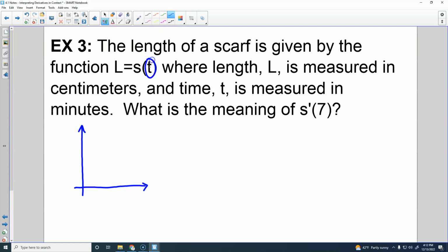So t is the inside of the function, so it's your x-axis, and it tells us t is measured in minutes. So we've got minutes here on our x-axis, and then L is measured in centimeters, so it's length in centimeters.